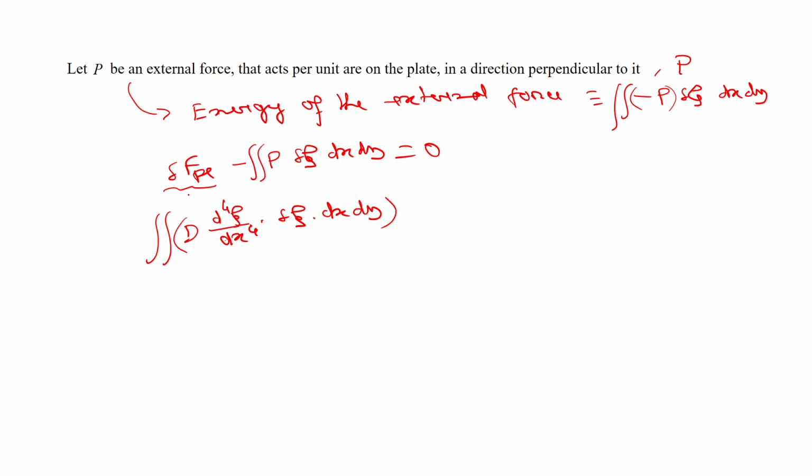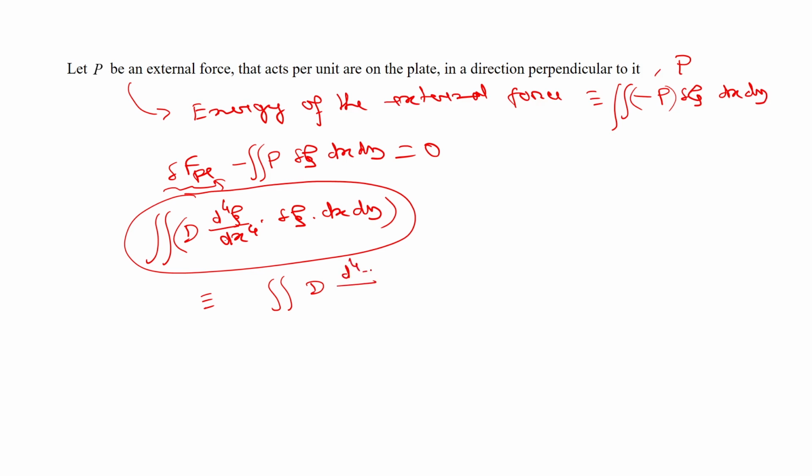Okay. So, that is this part. So, therefore, okay, we have in essence the integral of d into d4 zeta by dx4 minus P into delta zeta dx dy, this is equal to 0.